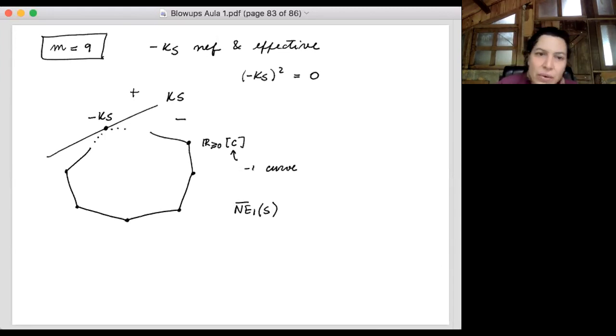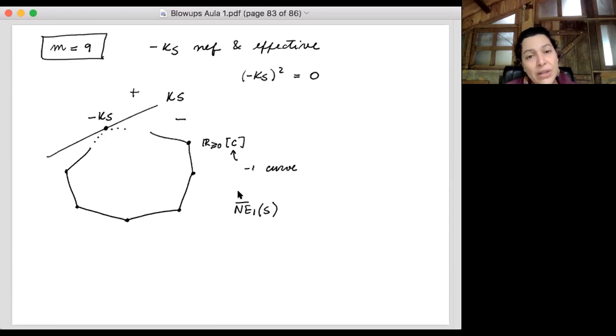So I draw here. Here I illustrated the canonical class, which defines a hyperplane in the Néron-Severi space. I denoted by plus the half space of points with positive intersection with the canonical, and by minus the side of the Néron-Severi space with negative intersection with the canonical.